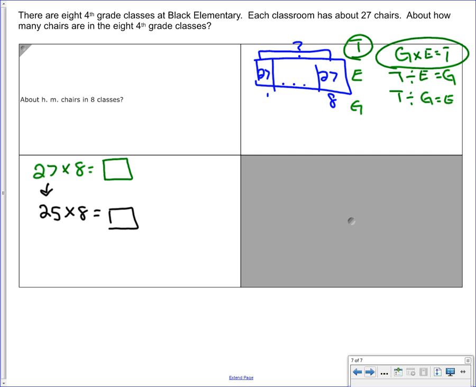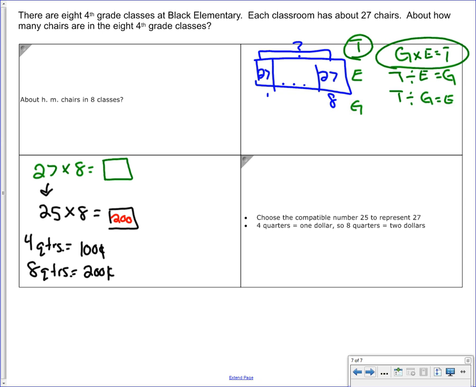And if 4 quarters equals 100 cents, then 8 quarters equals 200 cents. So therefore, 25 times 8 equals 200.